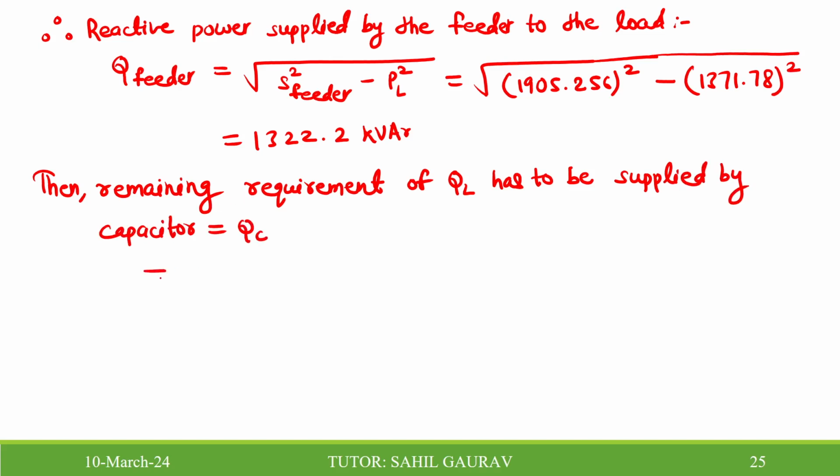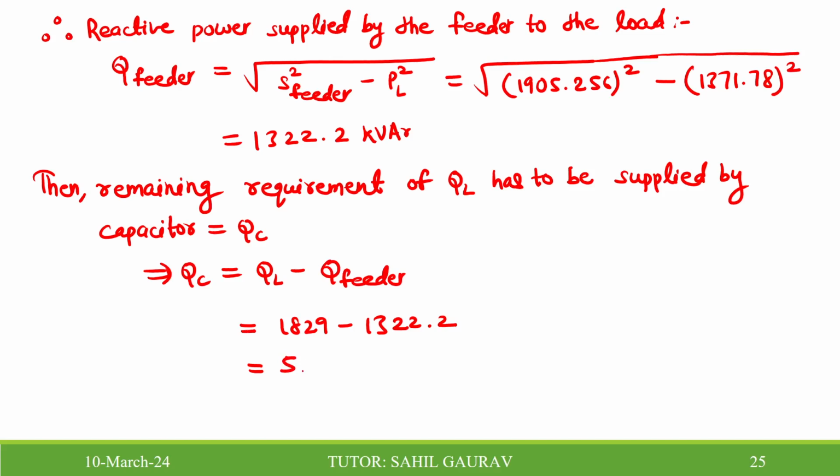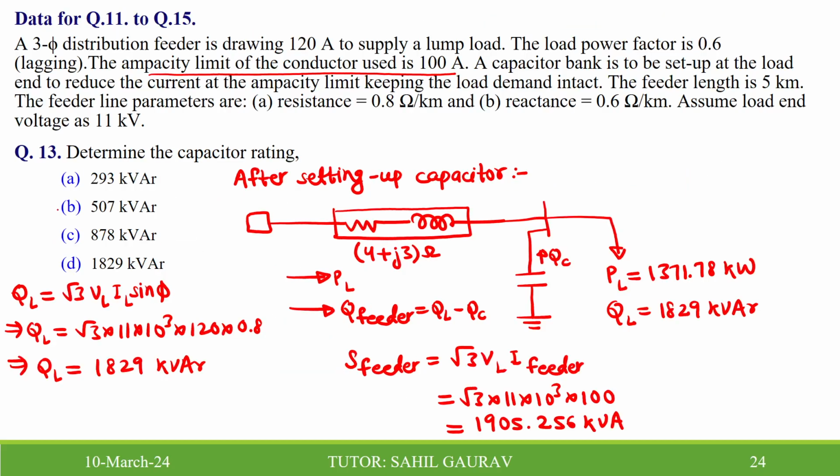So this is QC. Therefore, QC will be QL minus Q feeder. QL is 1829 minus 1322.2 kVAR. So this will give you 506.84 kVAR, approximately 507 kVAR. Therefore, correct answer is B.